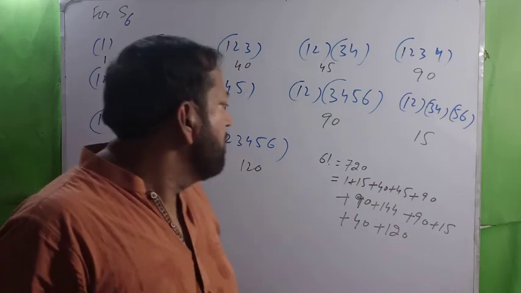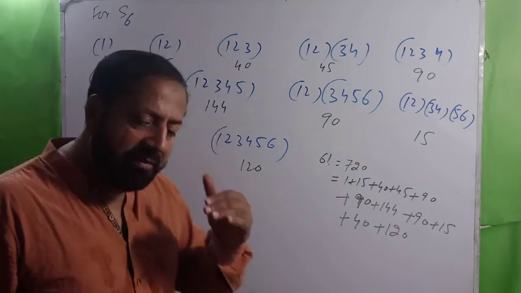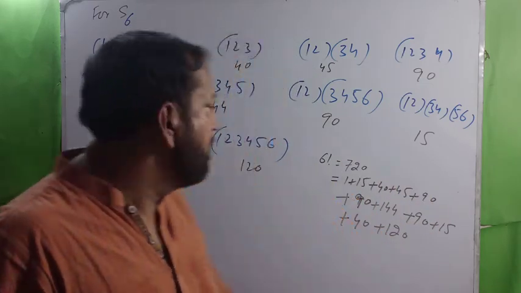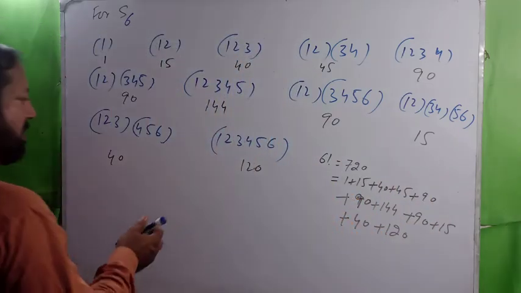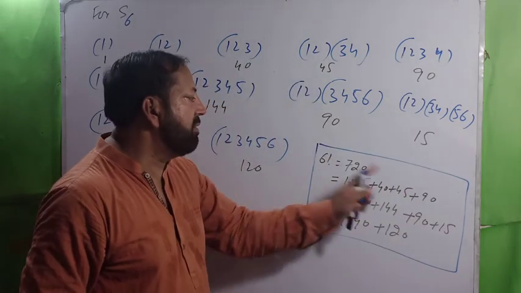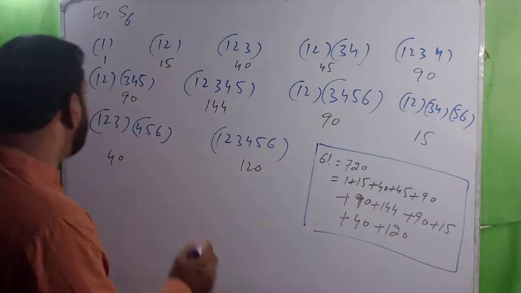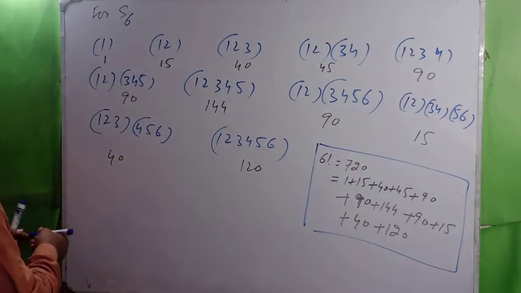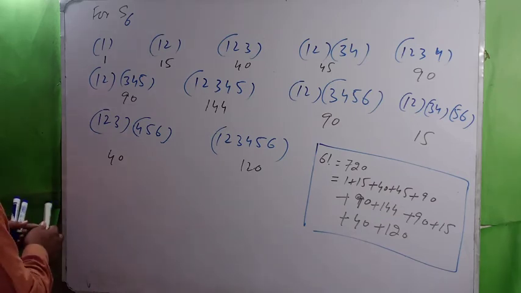So that's why you must practice one or two bigger examples. This is the class equation, you just verify that the sum of these is 720. Similarly for A4, for S6, A6, right?